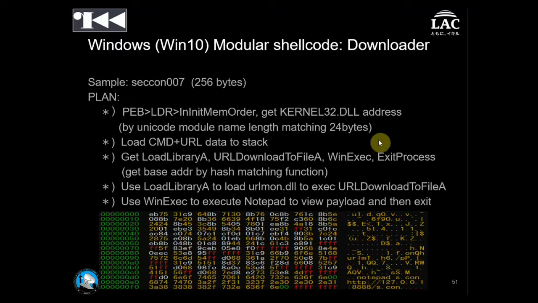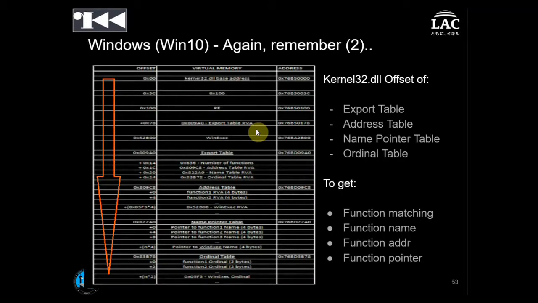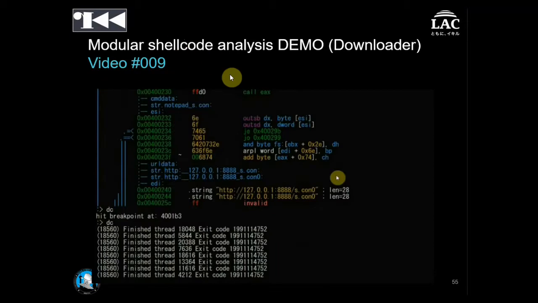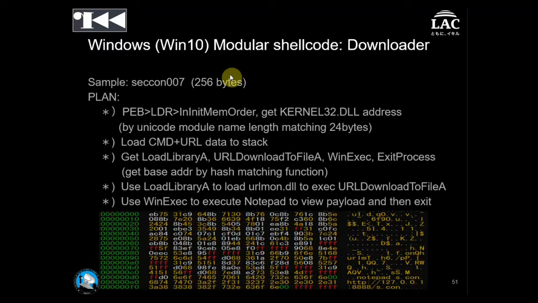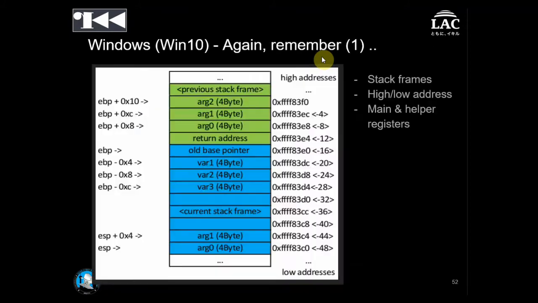So the video is 009, but before we analyze the modular shellcode, which is quite a complex operation since registers in 32 bits are not that many, you have to understand the stack frames, high and low addresses, especially related to the arguments being passed from one function to another.